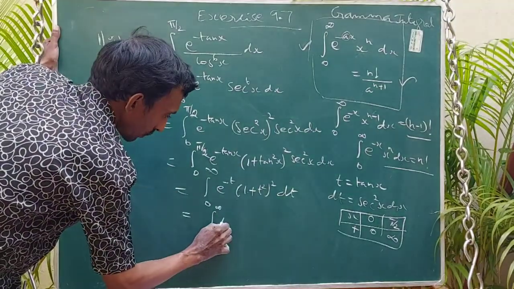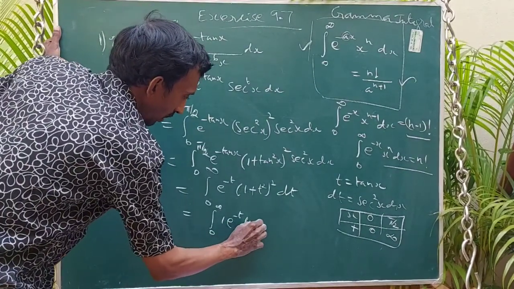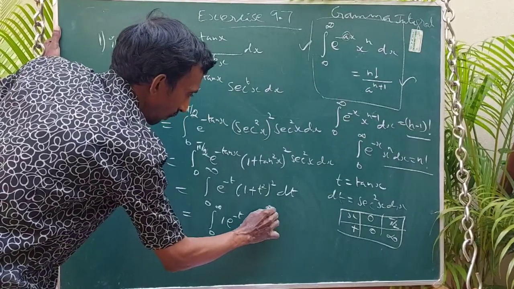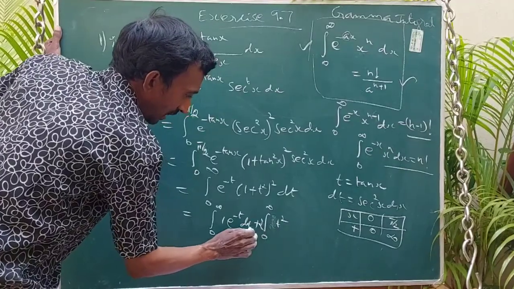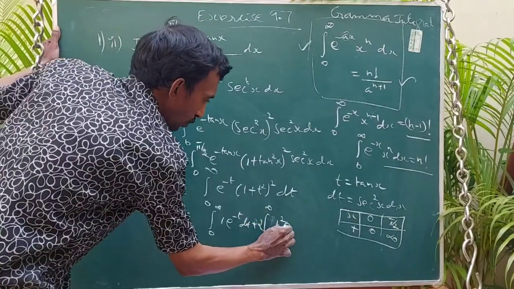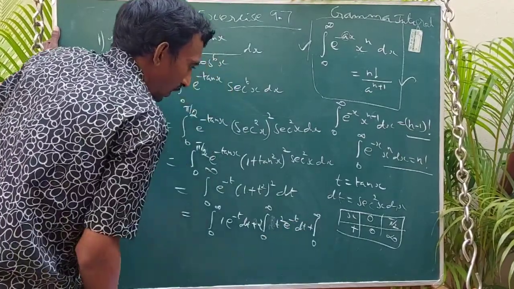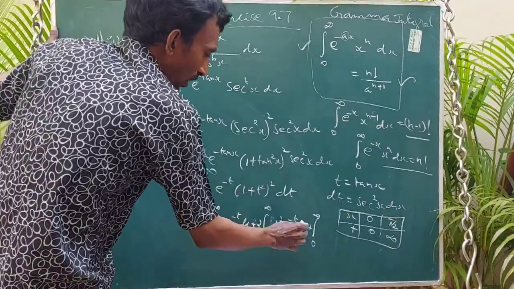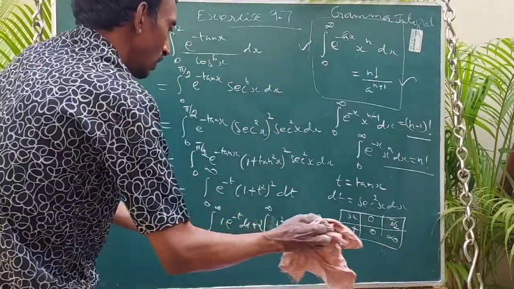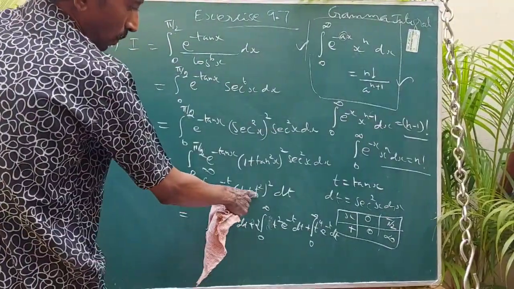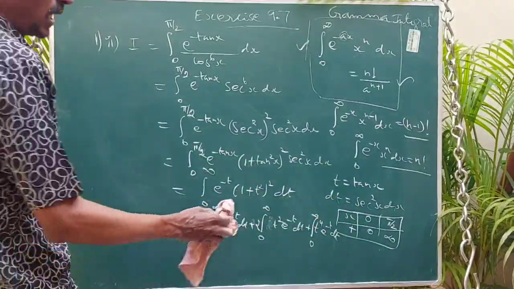So integral 0 to infinity 1 into e power minus t dt, plus integral 0 to infinity 2t square, 2 is constant, I am taking outside, so 2 into t square e power minus t dt, plus integral 0 to infinity t square the whole square, t power 4 e power minus t dt. Are you clear? I divided into 3 integrals, okay.